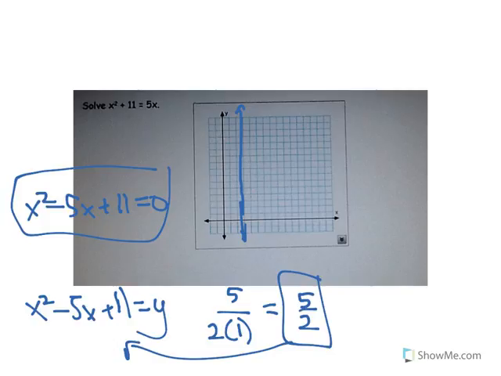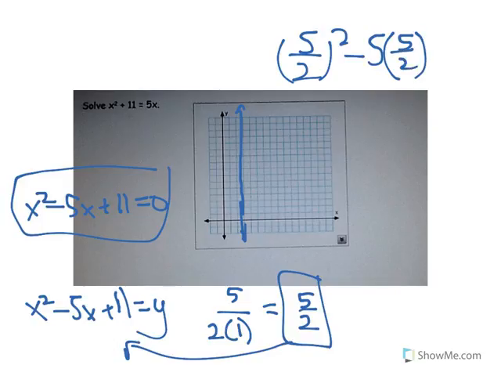So now let's see, 5 halves squared minus 5 times 5 halves plus 11. That's going to be 25 fourths minus 25 halves plus 11.